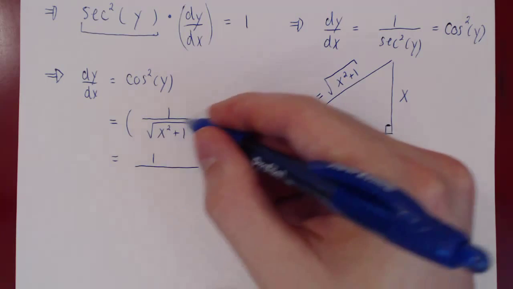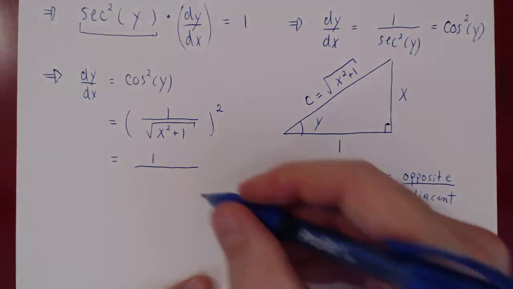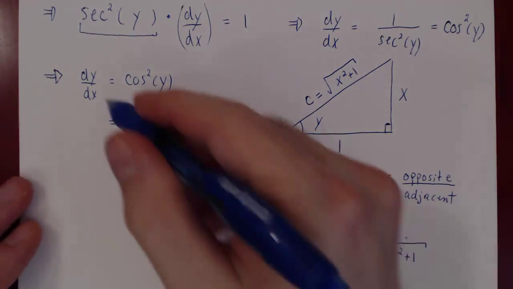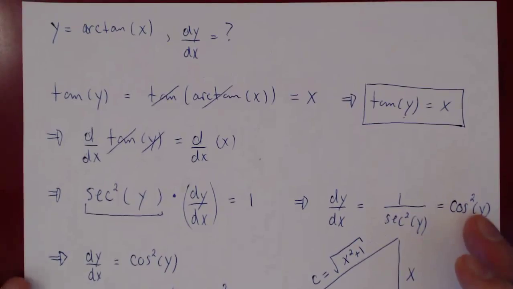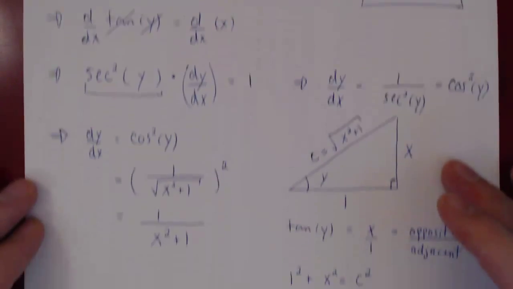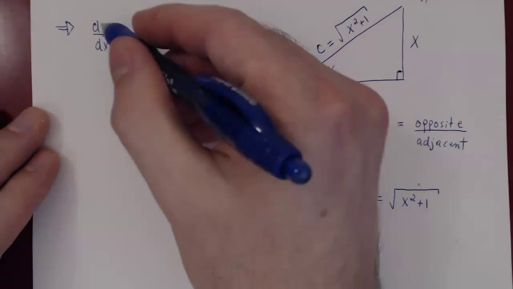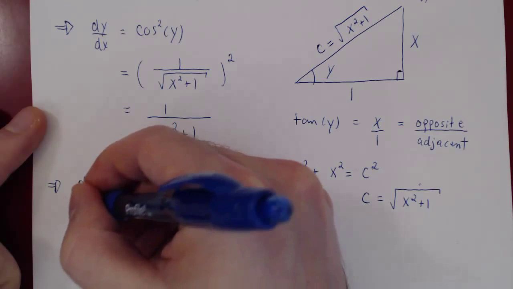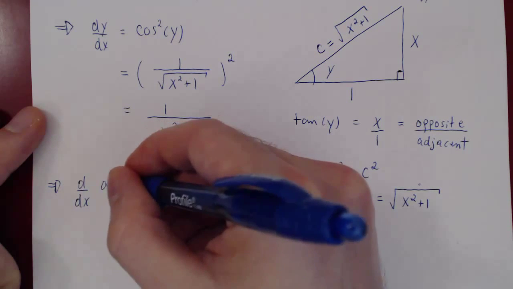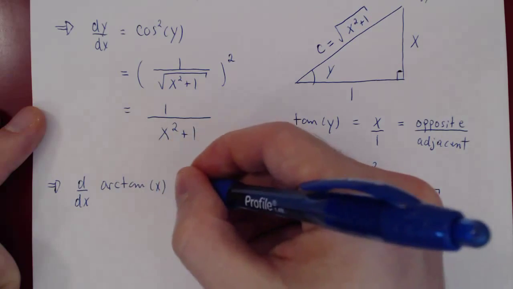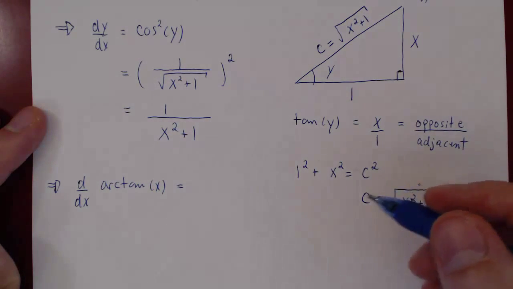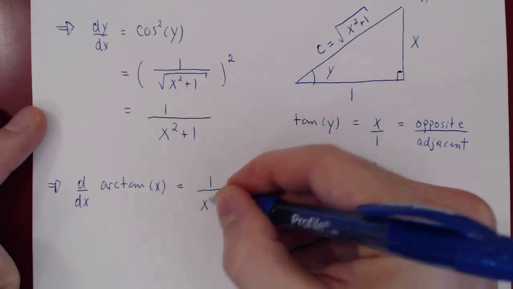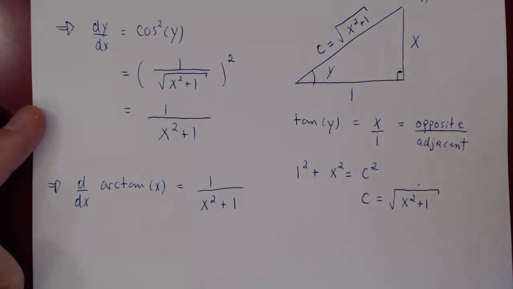And if you square a square root, the square root goes away, and you're left with x squared plus 1. So there we have it. y, if you remember, was arctan of x. And so the derivative of arctan of x is surprisingly simple. It's just 1 over x squared plus 1.